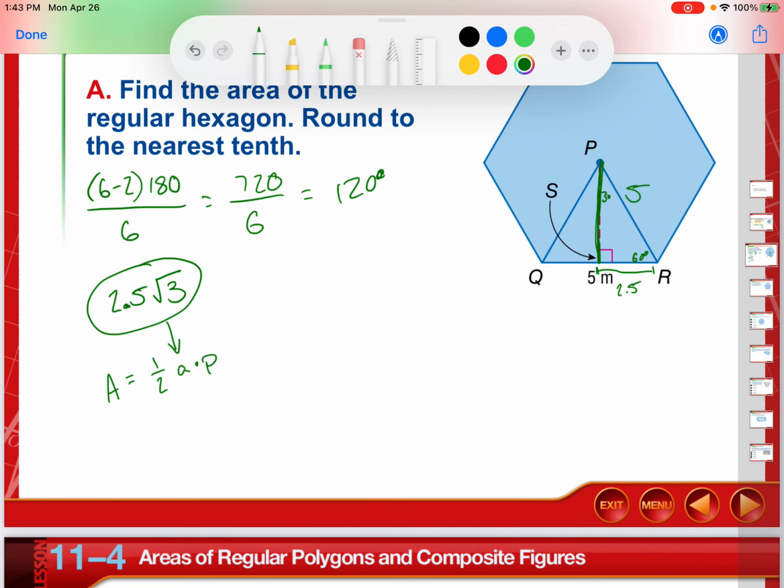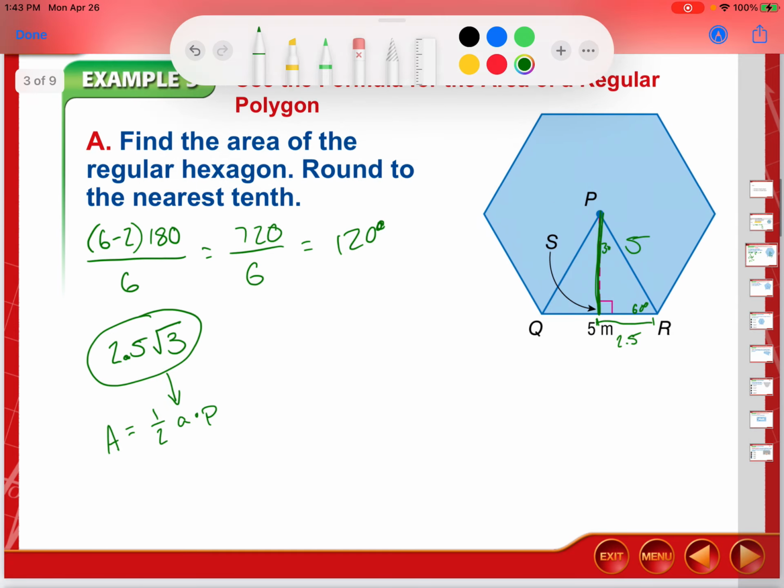And my perimeter, since each side is going to be 5, because a regular polygon is the same size, same shape, all the angles are congruent to each other, and all the side lengths are congruent to each other as well. So each one of these has to be 5. And 5 times 6 is 30, so my perimeter is going to be 30.